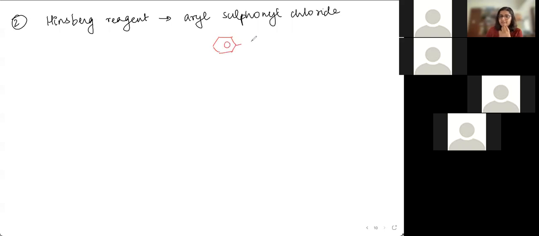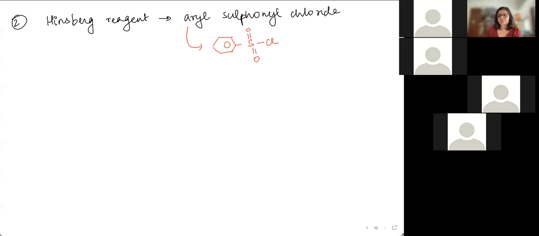Sulfonyl means you have an SO3H-type group with double bond O. Like acyl chloride, where in place of OH you have a Cl, in sulfonyl chloride in place of OH you have a chloride over here. So this is aryl sulfonyl chloride.